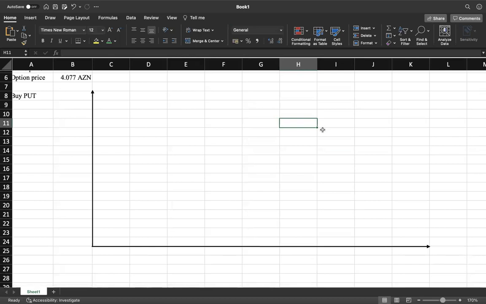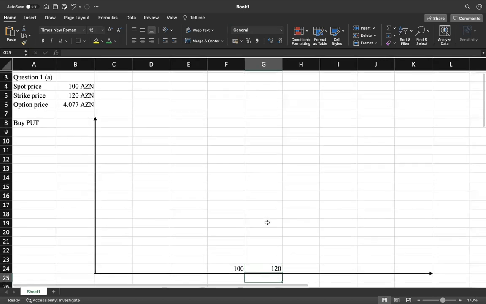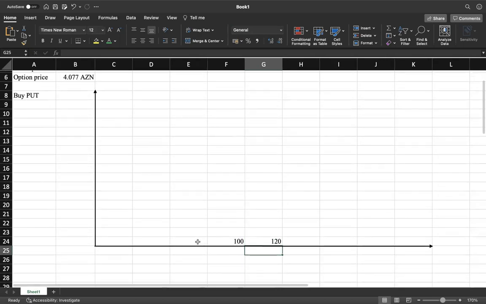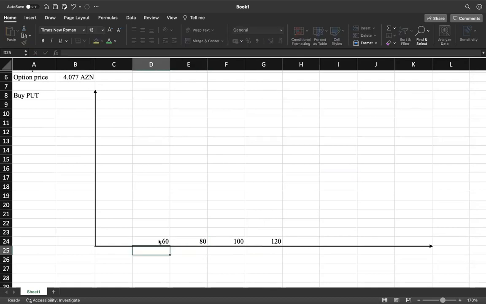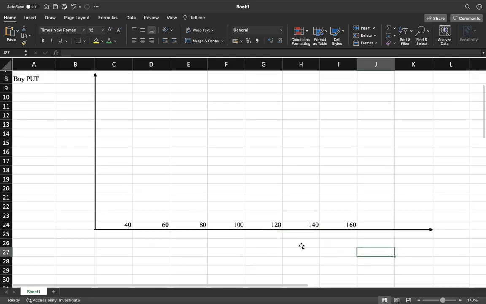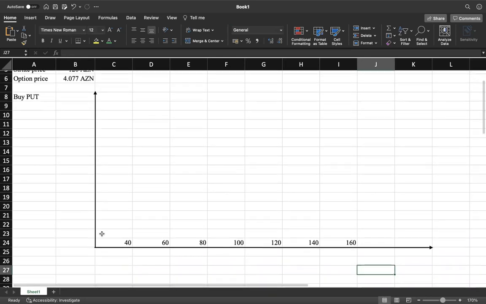Our spot price is 100 and strike price is 120. So there might be other prices, 80, 60, 40, and also 140, 160, and so on.